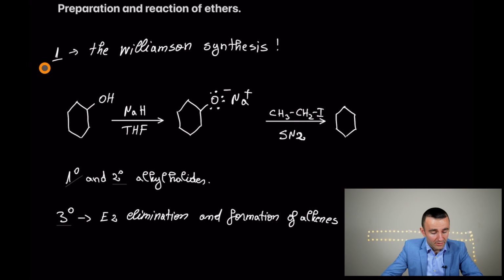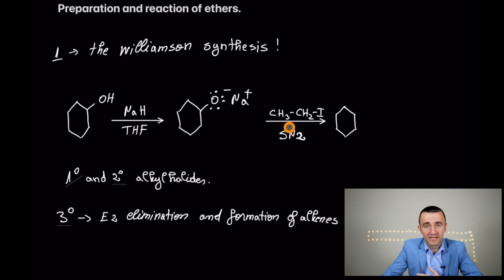The most commonly known way to prepare ethers is the Williamson synthesis. How does it work? We start from an alcohol, we treat it with a strong base, usually sodium hydride, in THF solvent, tetrahydrofuran, that is a well-known commonly used solvent, and first we yield an alkoxide. After that, this alkoxide serves as a nucleophile and reacts with primary, mostly, and some secondary alkyl halides through SN2 mechanism.